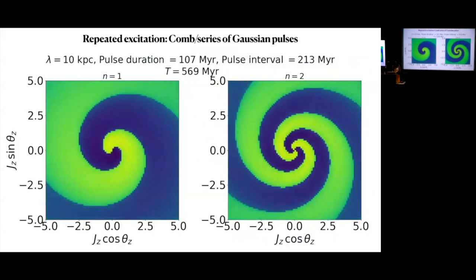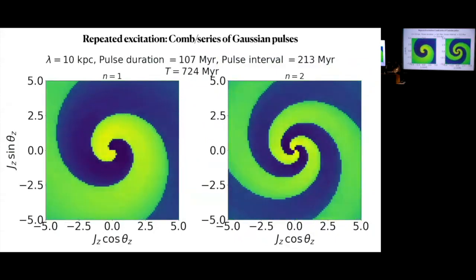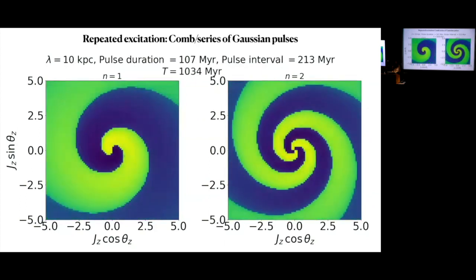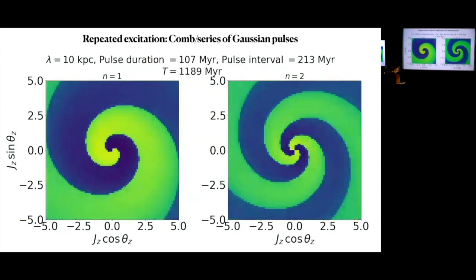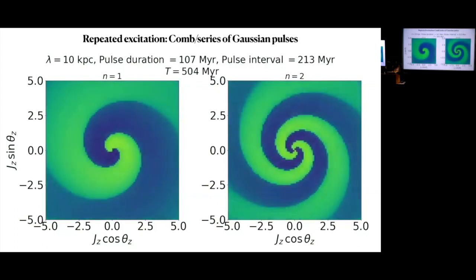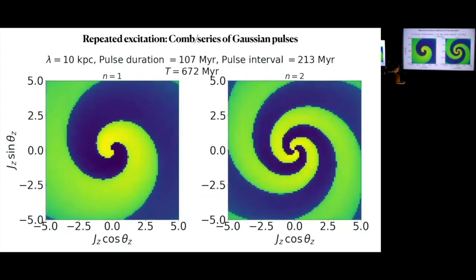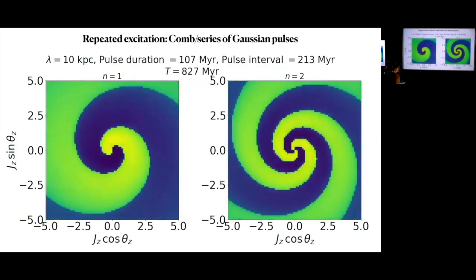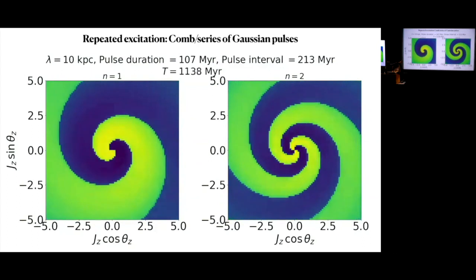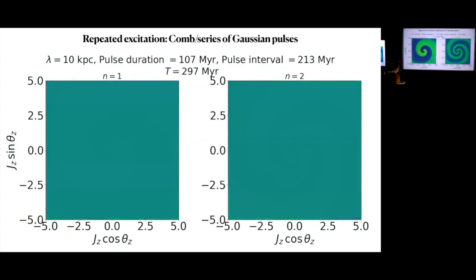Right, so the first pulse comes, then it starts to fade away, and then the second pulse. So you're saying that it looks pretty similar, that the phase does reset. I think it's resetting a little bit. There's some growth, and then it winds, then it fades, and then growth, fades.